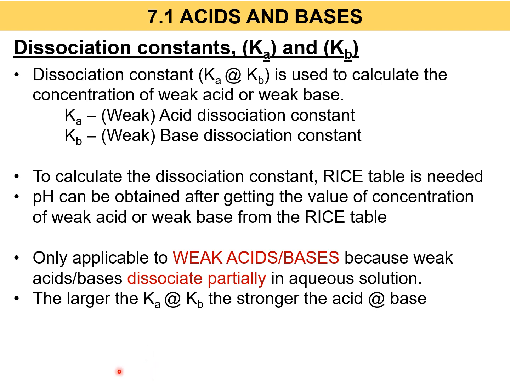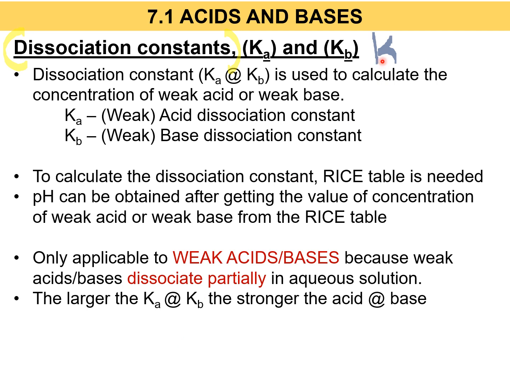Alright, so the next thing that you need to learn on subtopic 7.1 is about dissociation constants in terms of acid ataupun base. Okay, basically dissociation constants ni dia punya simbol dia sama macam equilibrium constant. But in this case, dekat chapter 7, kalau K itu adalah dissociation constants.